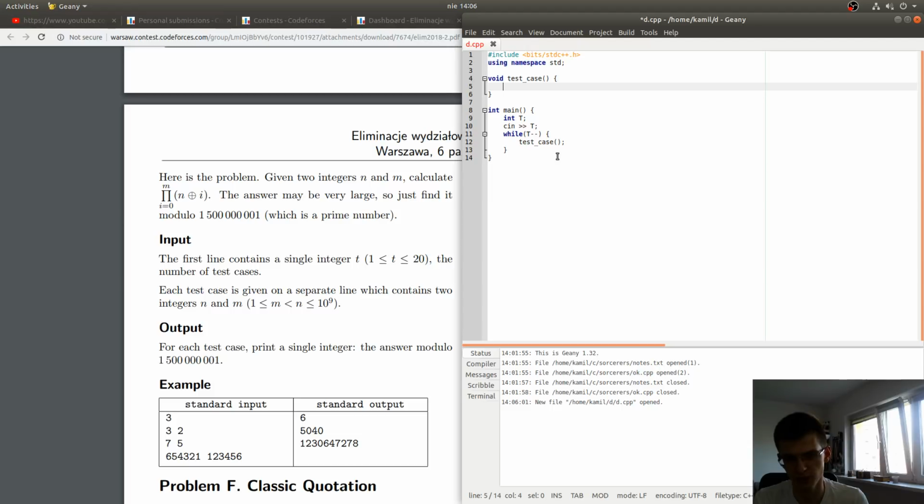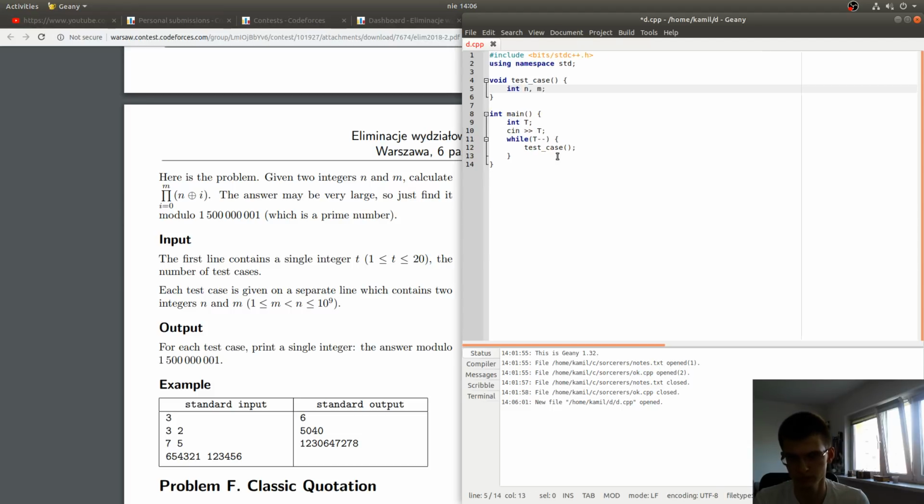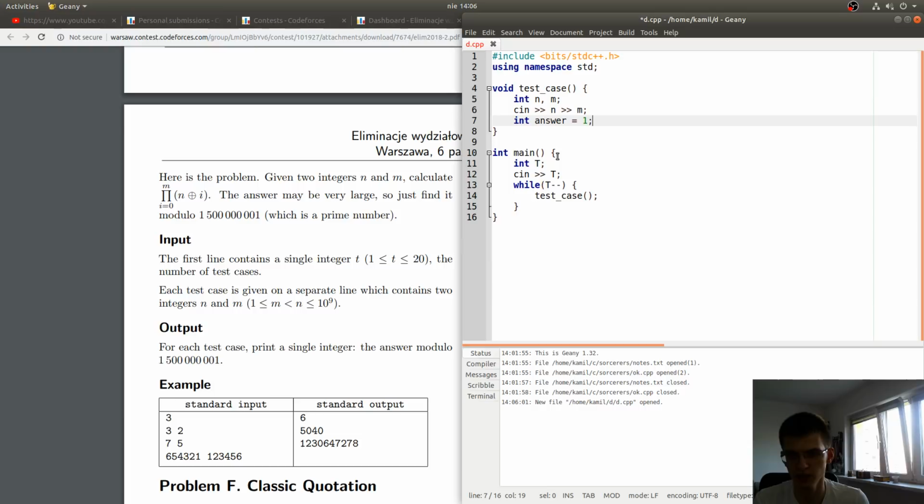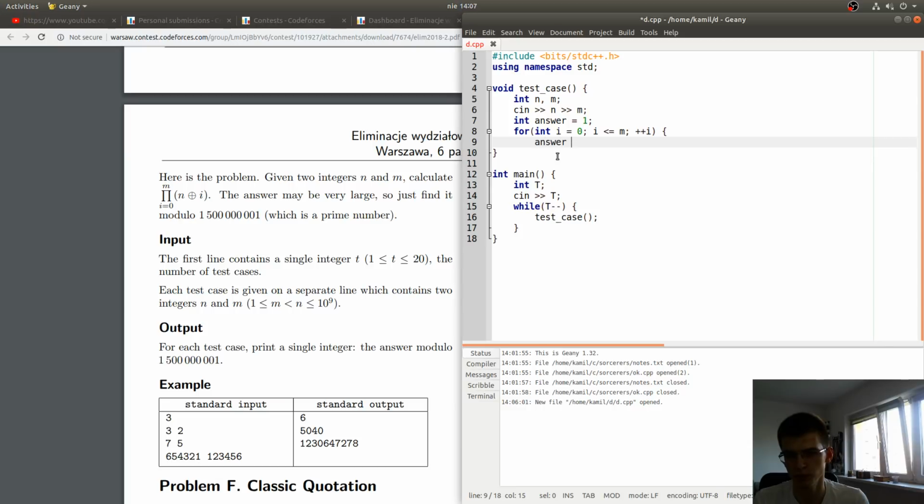So we read n and m, and the answer is some product from 0 to m. We multiply the answer by n XOR i, modulo some mod.